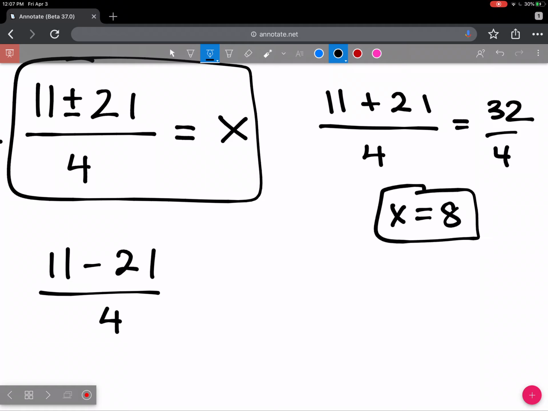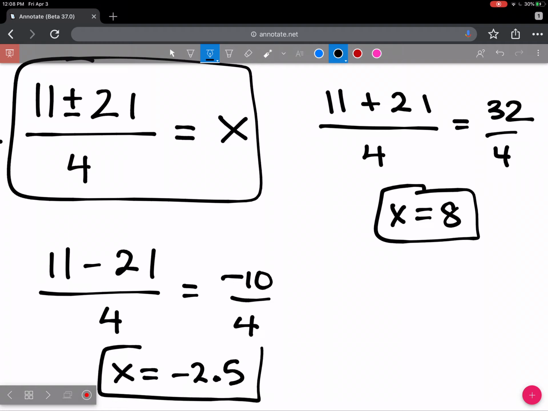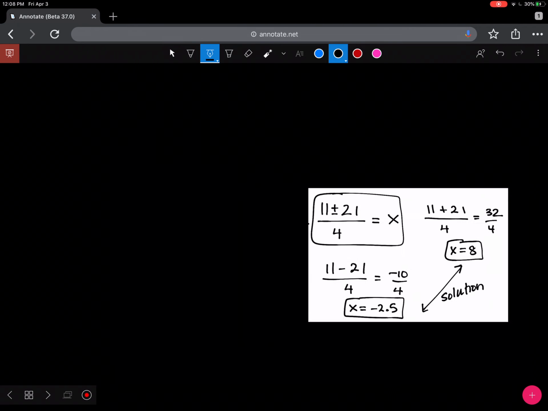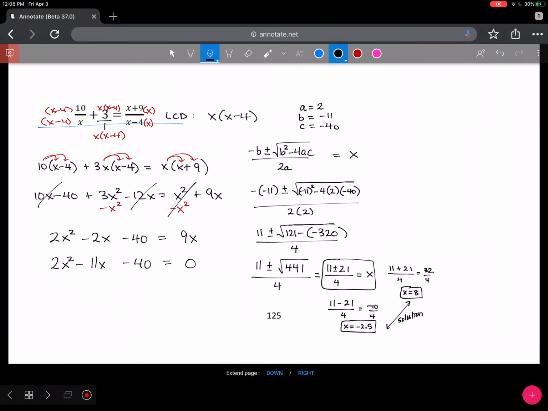Now 11 minus 21 is negative 10 divided by 4. And negative 10 divided by 4 is negative 2.5. And so this is the other x value. So these two values are the solution, as long as I just double check the non-permissible values. So it looks like the non-permissible values, x can't be 0 and 4, so both of those are okay.